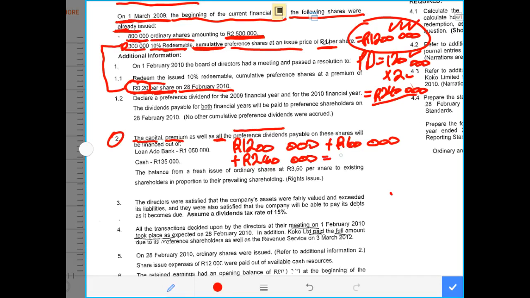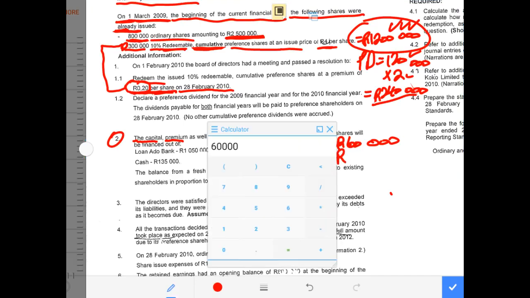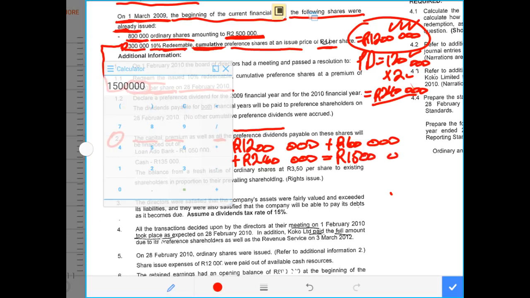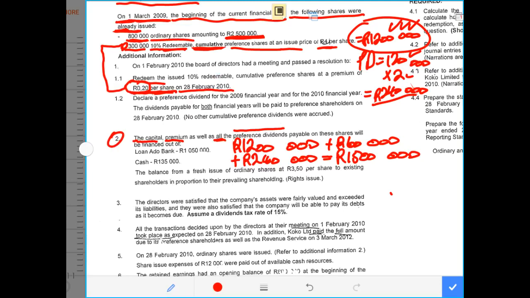So now it means the total amount that we need to raise for the preference shareholder will be 60,000 plus 240,000 plus 1,200,000, and this will give us a total of 1,500,000, which is the amount to be raised. In case there is no money available, we need to raise a total of 1,500,000 rands.